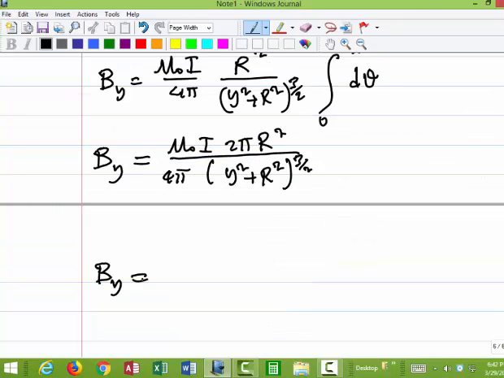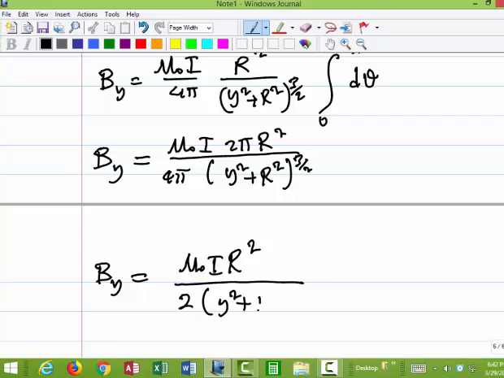So we can say mu naught I times, sorry, the 2 is gone, my bad, times R squared divided by 2, and then we have y squared plus R squared raised to the power 3 over 2. Okay, so this is exactly what is in your textbook. Your textbook uses the same R. The only difference is your book has it on the side. I just put it upright. So it's the same thing.